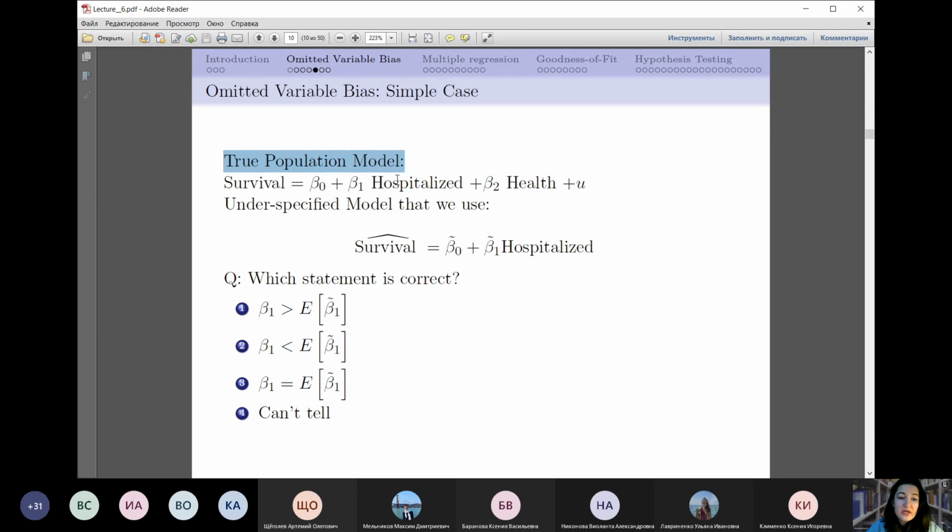And the true population model includes 2 explanatory variables. One of them is health, and the second one is hospitalization cases.